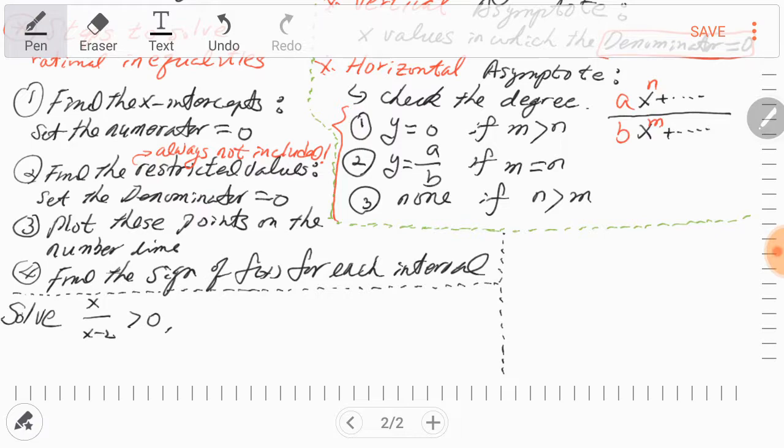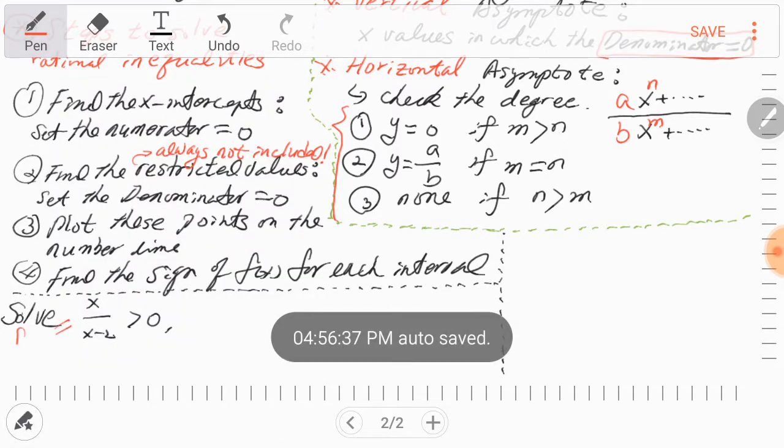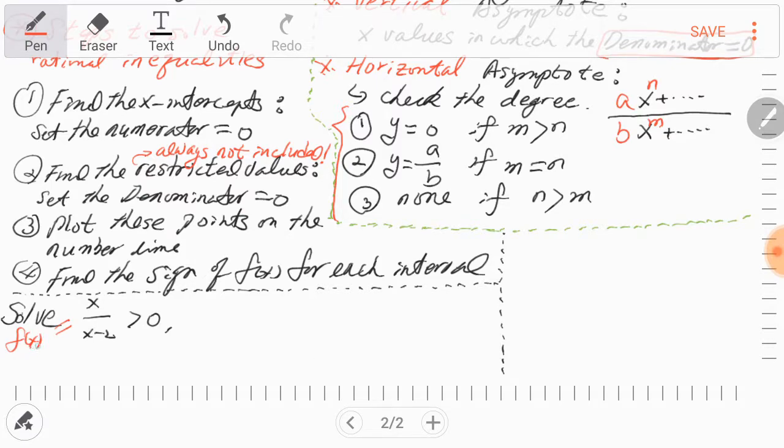Let's say this is f of x. Then f of x becomes 0 when the numerator is 0. So number 1 is set the numerator equal to 0. Then this is the x-intercept.